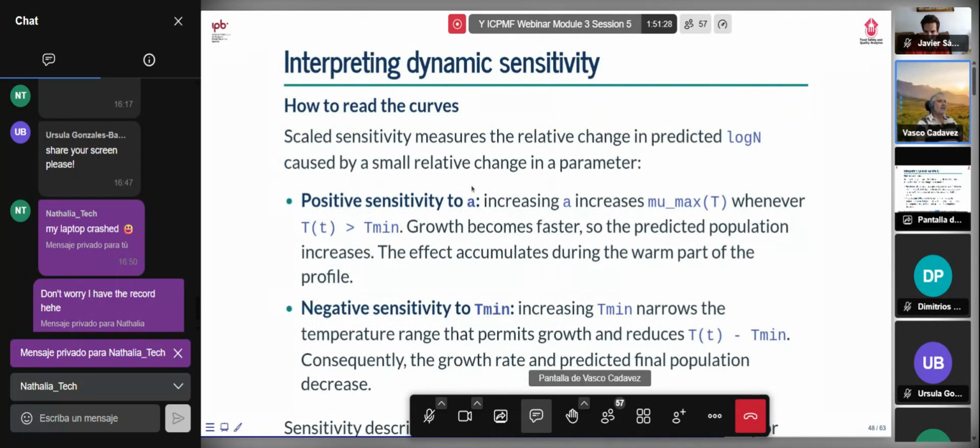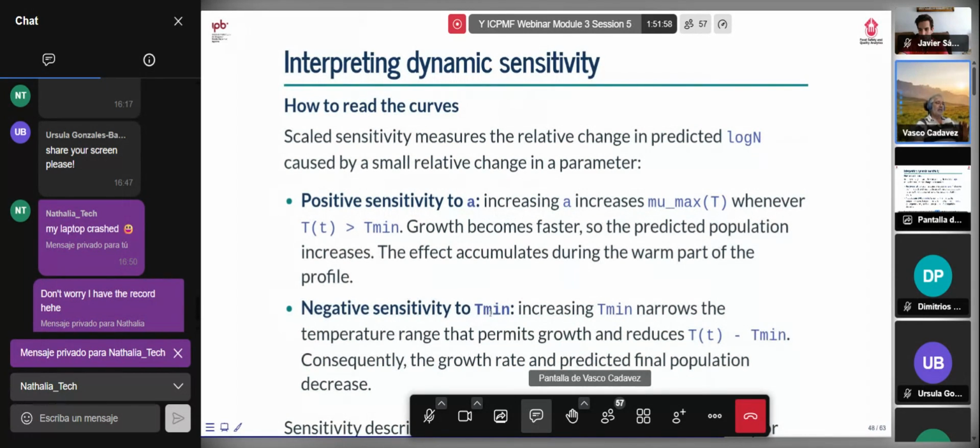How do you interpret this? If the A parameter presents a positive sensitivity, it means increasing A increases mu max, whenever the environmental temperature is higher than the T-mean. Okay, so the grow becomes faster, so the predicted population increases. The effect accumulates during the warm part of the profile.